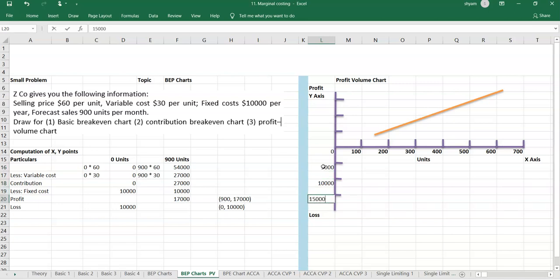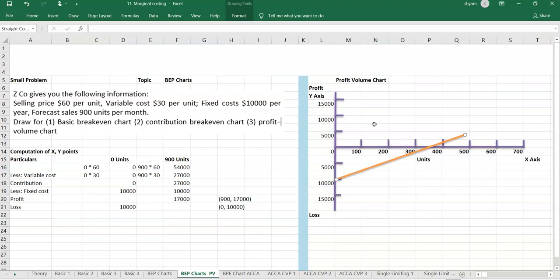These are losses. And on the other side, this is 5,000 of profit, 10,000 and 15,000. So when we mark 0 units and 10,000 loss, here we have 1 point, so you can mark it there.